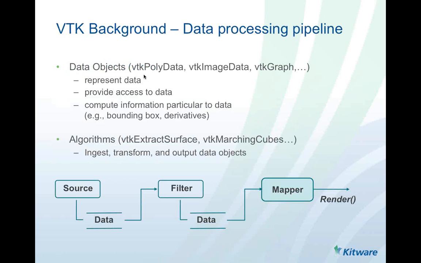So about VTK, the two major components in VTK are the data processing pipeline and the visualization pipeline. Within the data processing pipeline, we have classes called data objects, which hold generic data, most frequently scientific data, that is data which has some three-dimensional shape, and algorithms, which are instances which take in zero or more data objects, inspect it, analyze it, and then produce one or more derived data objects.